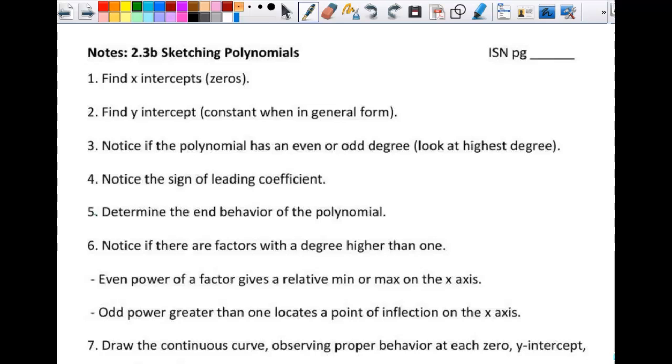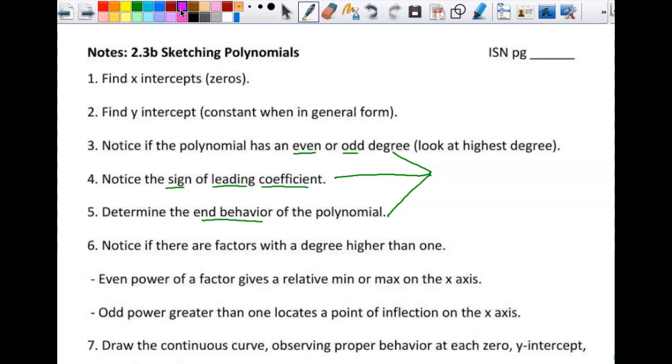Then the 3, 4, and 5 all go together. We're going to notice if the polynomial has an even or odd degree, so we look at the highest degree. Then we also have to notice the sign of the leading coefficient and determine the end behavior. So like I said, these all kind of go together here to mean this.